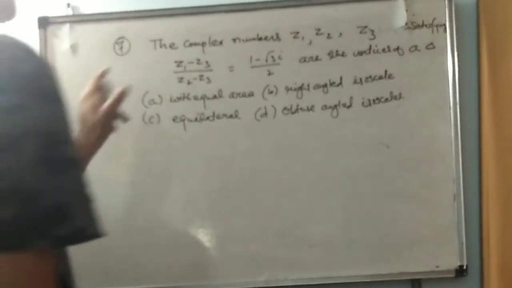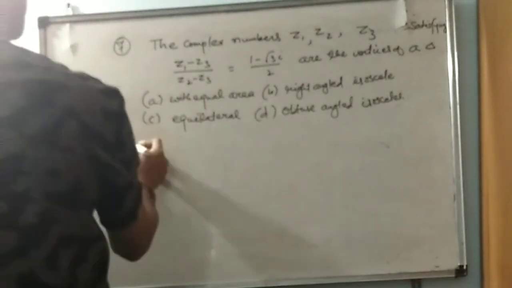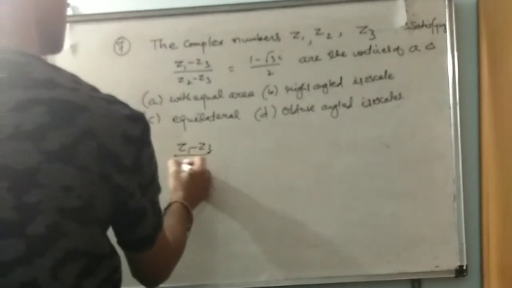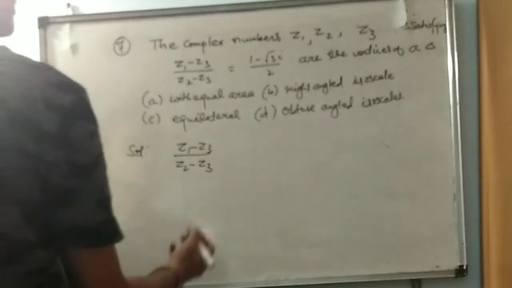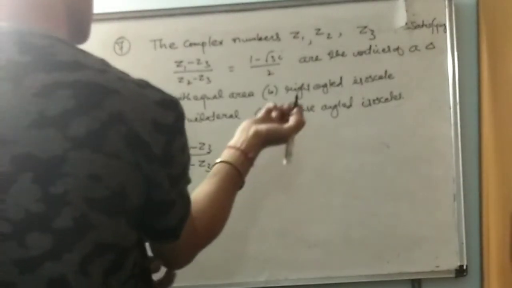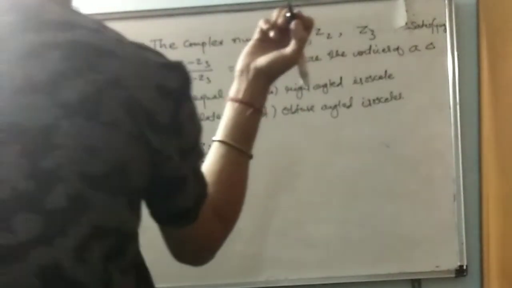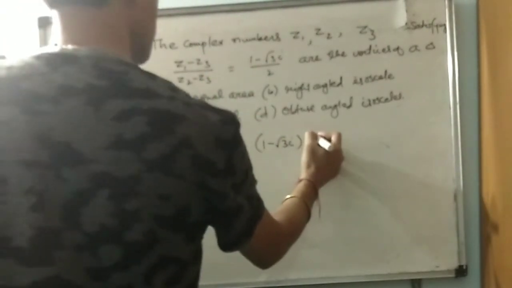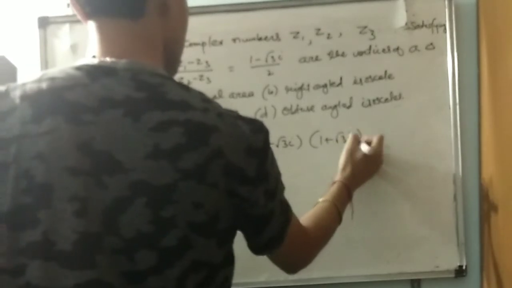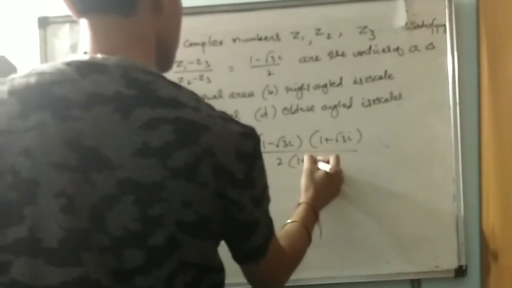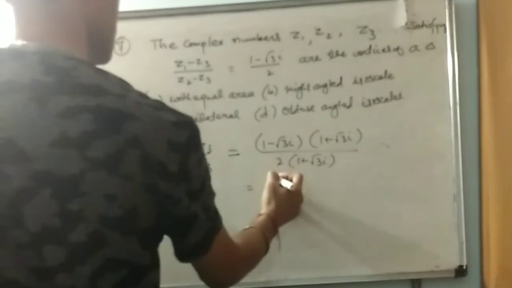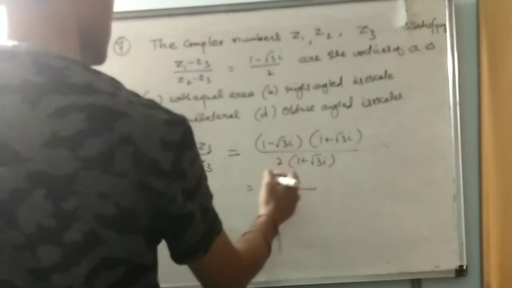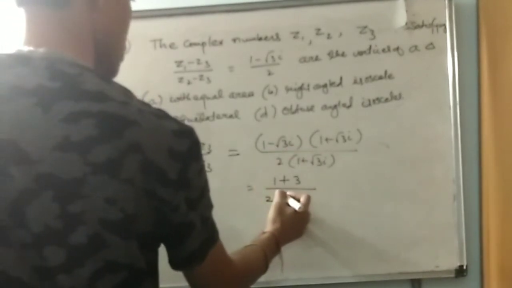Yes, coming to this nice question on complex numbers. 1 minus root 3i will multiply with 1 plus root 3i. We are getting 1 plus 3 in the numerator using the a square plus b square concept, which happens in complex numbers.